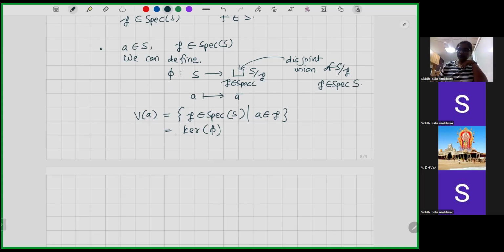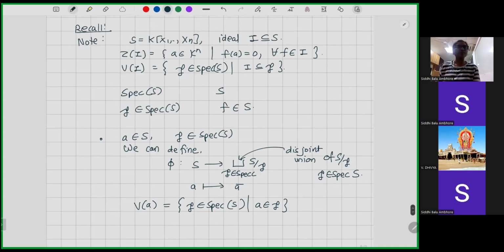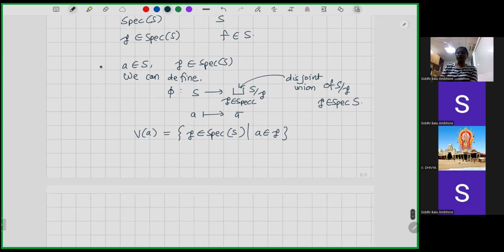It's actually looking at where this coordinate becomes 0 under this map P in S mod P. So this is the disjoint union of S mod P. I just wanted to show that we can get the information about V of A through this map.